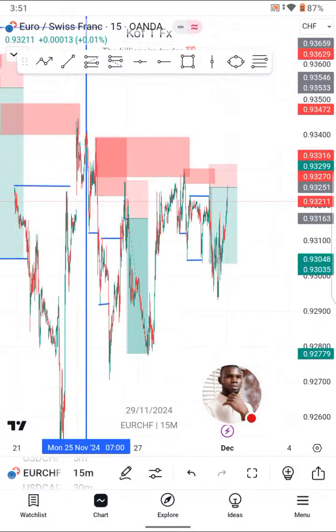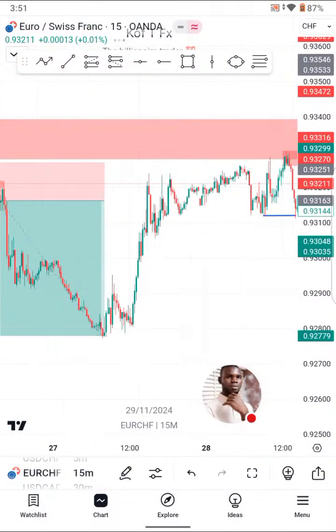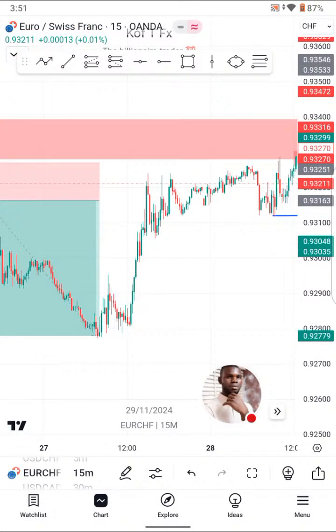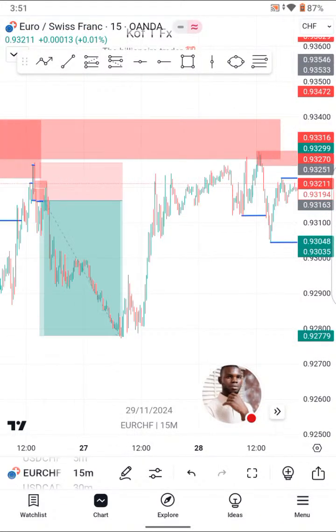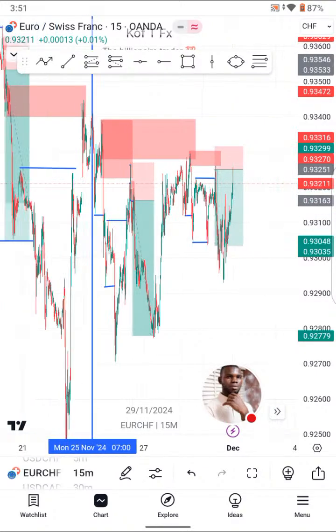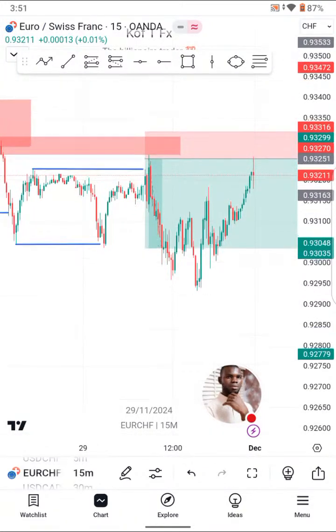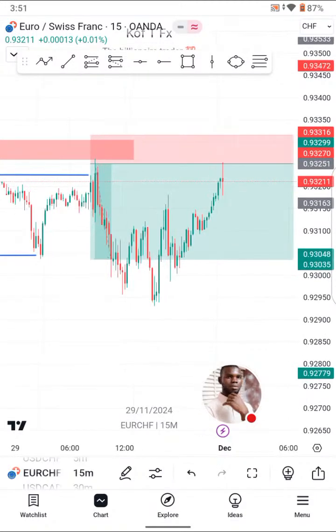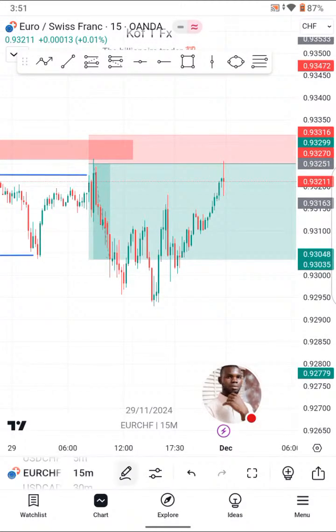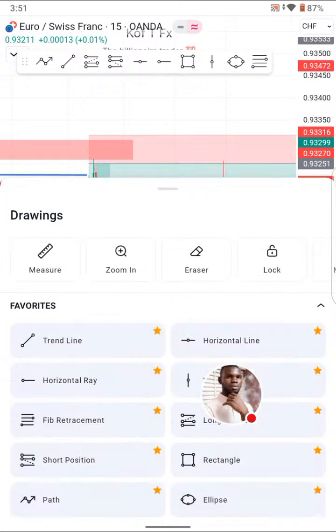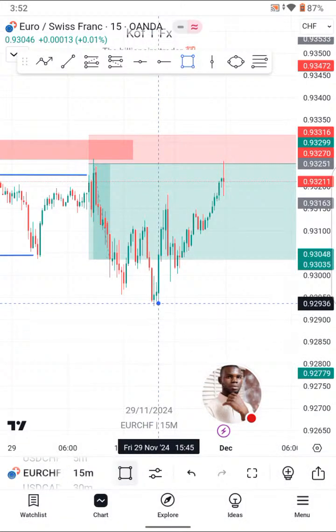So in this case, I'm still trying to see where price is actually reacting to. Price is actually reacting to FVG, FVG, FVG. And what do you see here? Looking at this, we have this, which may show that there is tendency for price.